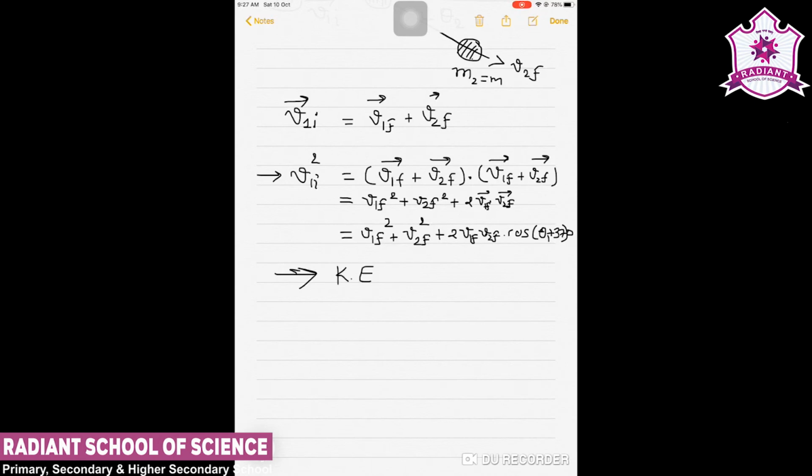For the kinetic energy, we can say that V1I square equals V1F square plus V2F square.